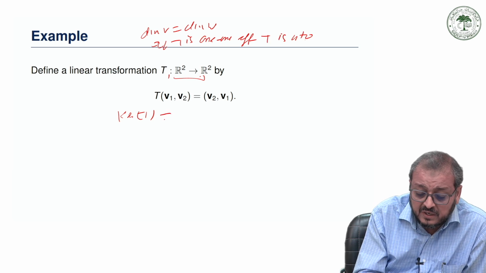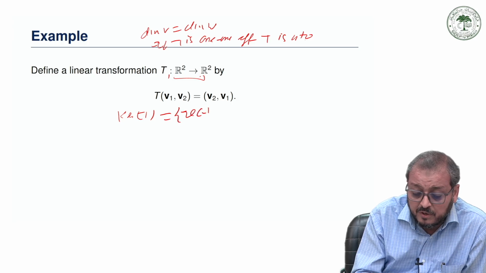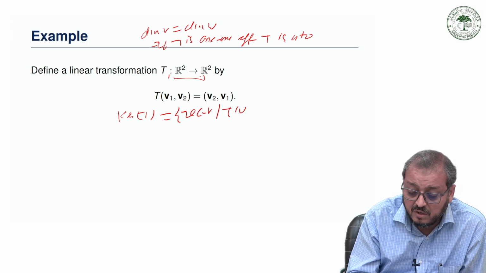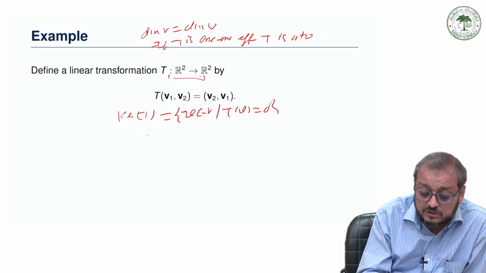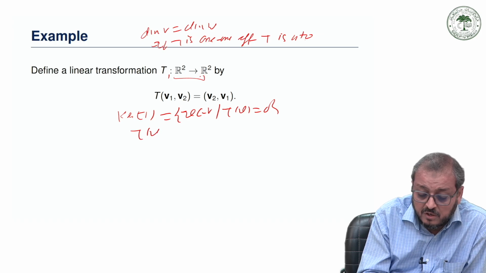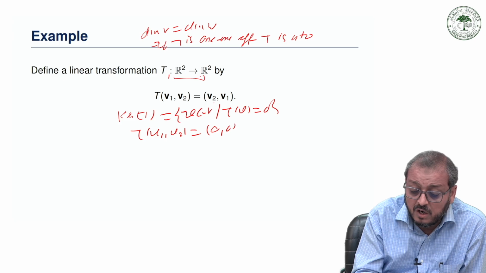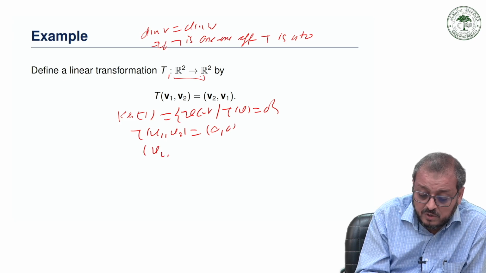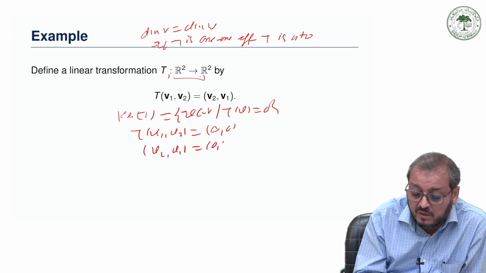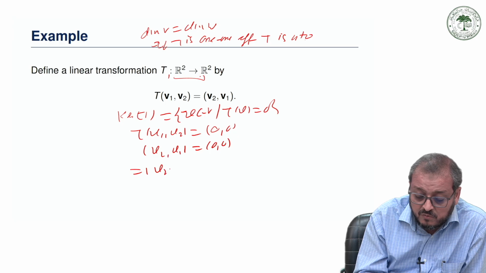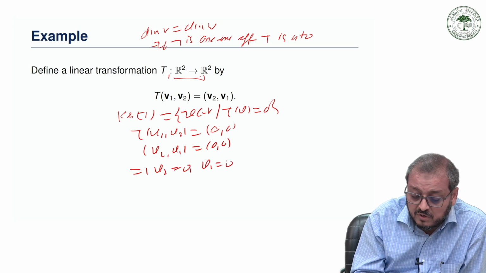So we find the kernel of T: v is an element of V such that T of v is equal to 0. This implies T of v1, v2 is equal to 0, 0, so v2, v1 is equal to 0, 0. This implies v2 is equal to 0 and v1 is equal to 0.